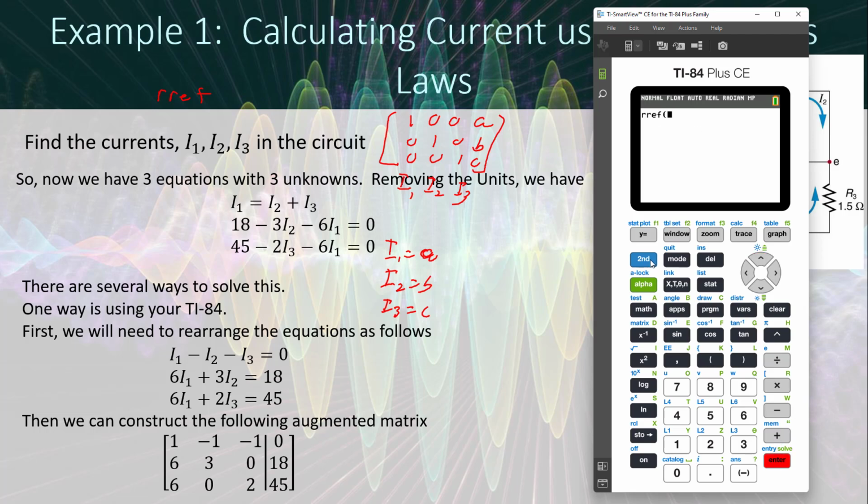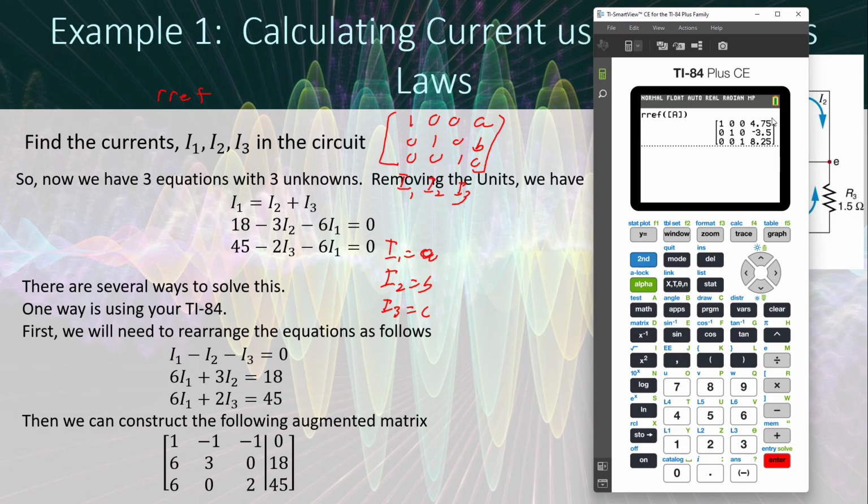Once you've done that, now you need to select your matrix. That will be second, matrix, and this is where you select it. And notice that we put our data in matrix A, so we want to go ahead and select matrix A, close the parenthesis, and hit enter. And this is our reduced matrix.